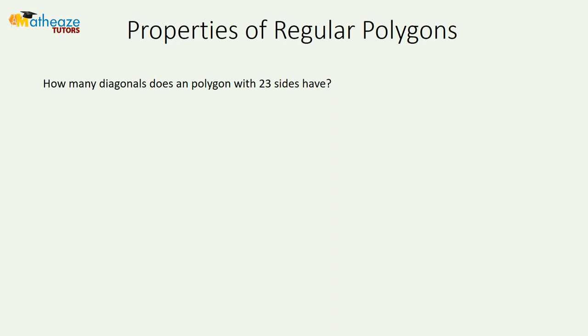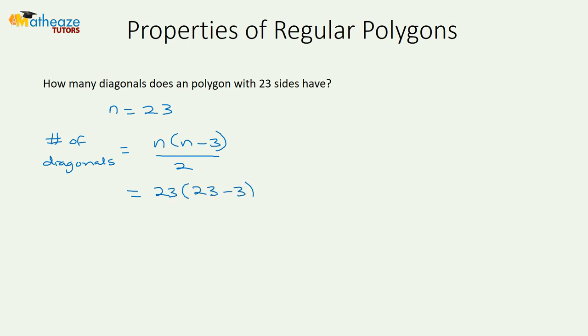How many diagonals does a polygon with 23 sides have? So we say n equal to 23. The number of diagonals is n multiplied by n minus 3 divided by 2, which is 23 multiplied by 23 minus 3 divided by 2, which is going to give us 23 multiplied by 20 divided by 2.